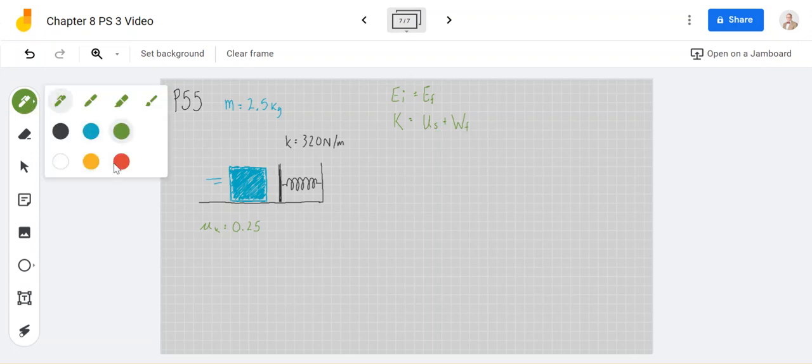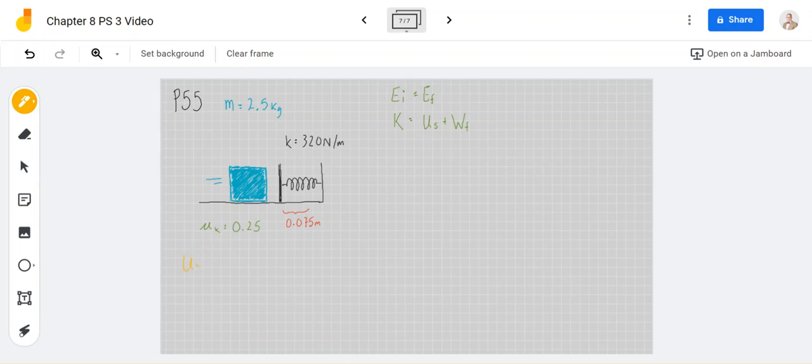The piece of information that's necessary here is that when it hits, it compresses the spring. It says it compresses 7.5 centimeters, so it's 0.075 meters. What this is going to allow us to do is calculate the spring energy.